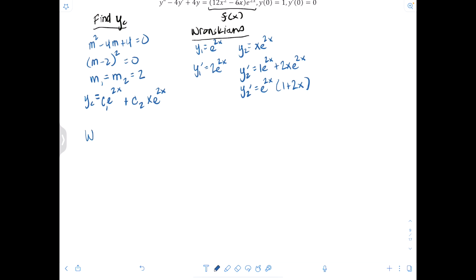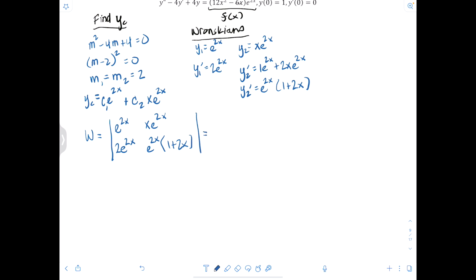So our w will be e to the 2x, 2e to the 2x, xe to the 2x, and then e to the 2x times 1 plus 2x.